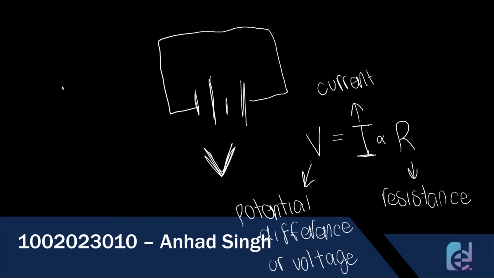And so this is a new term, resistance. What is resistance? Resistance basically means how much the circuit is stopping the current from flowing. So we talked about conductors and insulators before. The conductors don't really stop the electrons from flowing, so the resistance is low.